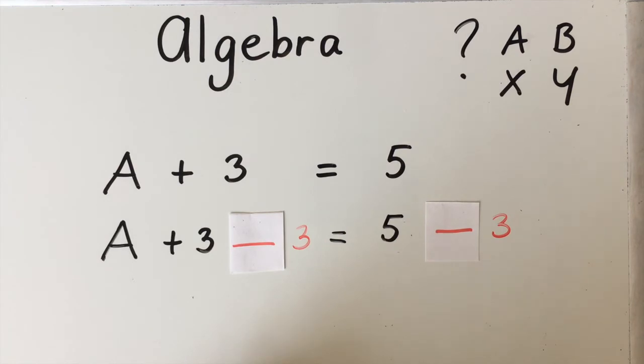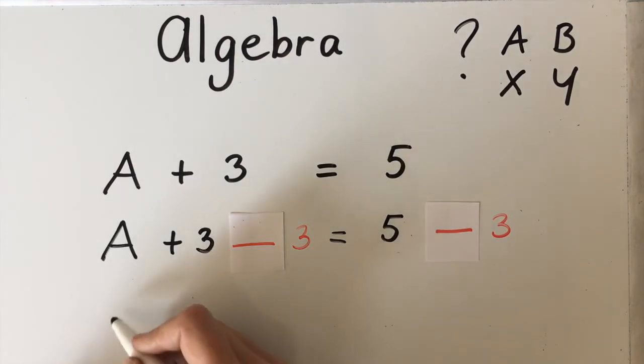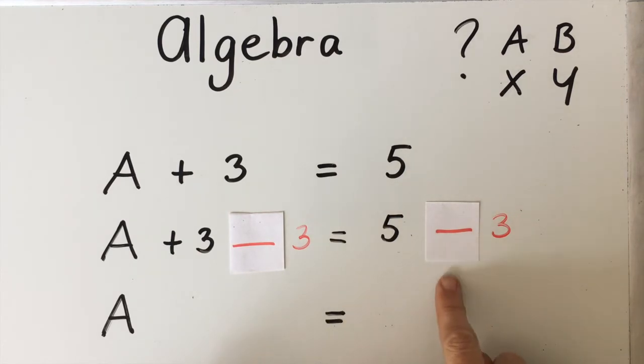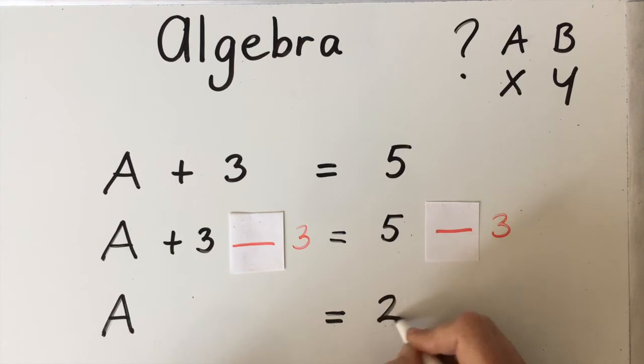What do I have left over now? I still have my A. And now I have plus 3 minus 3. That is 0. So there's nothing left. And here I have 5 minus 3 is 2. And therefore my answer is A equals 2.